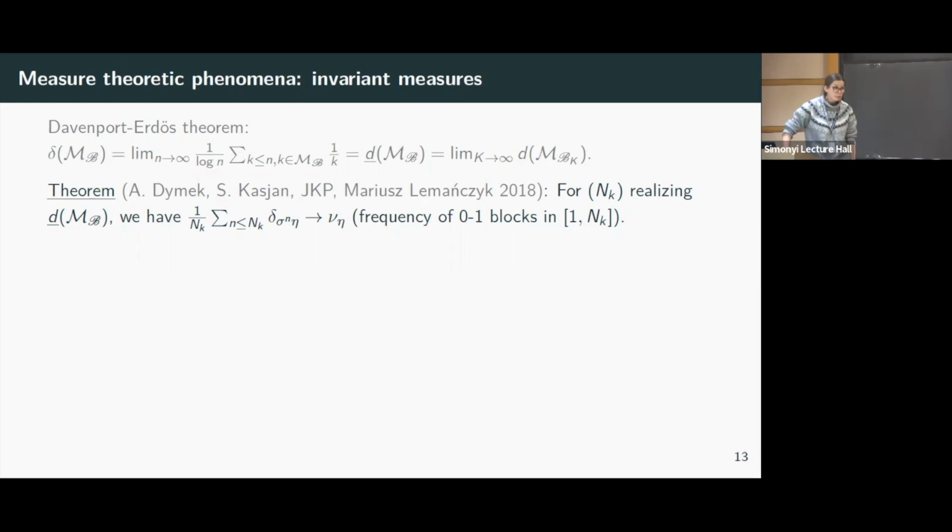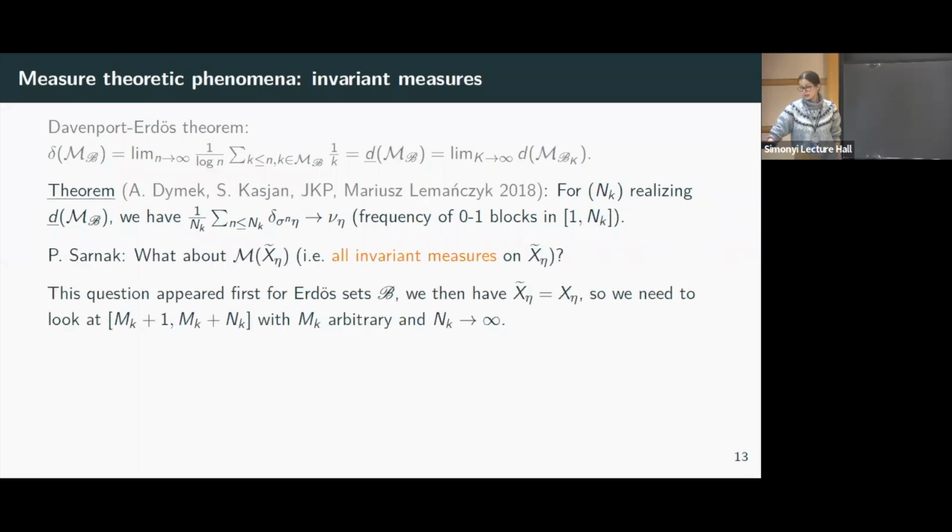If you look there carefully, if you look at what is happening there, it will turn out that every sequence nk that is realizing this lower density of MB is good for finding frequencies of blocks. And along the sequence nk, eta is generic for some invariant measure called Mirsky measure.